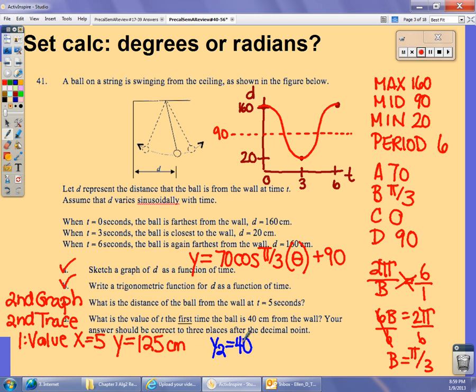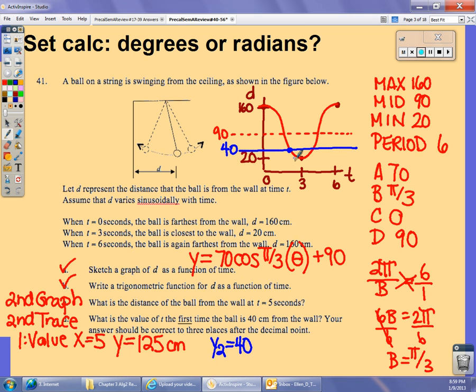When you graph it again, you're going to get a line that appears horizontally at 40 on your graph. They asked for the first time the ball hits 40 centimeters from the wall. So we're looking for this point right here.